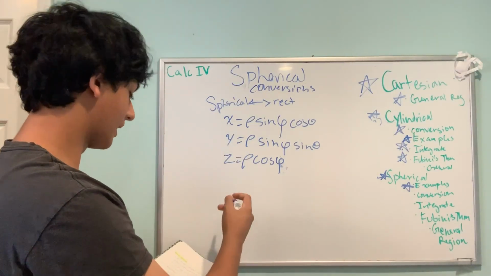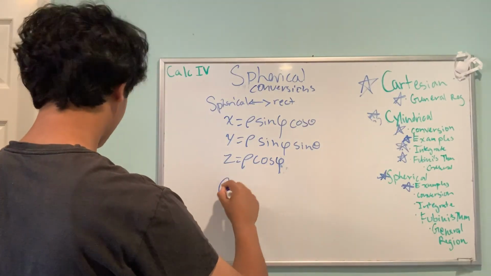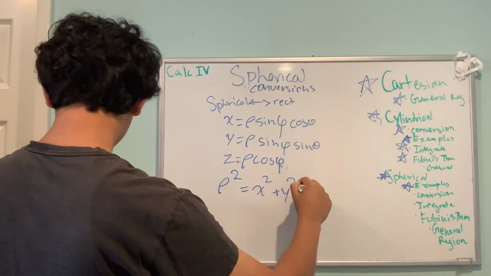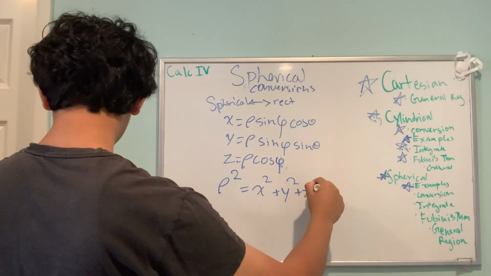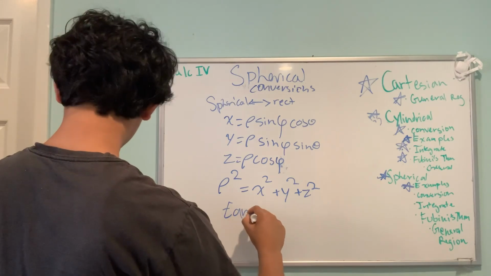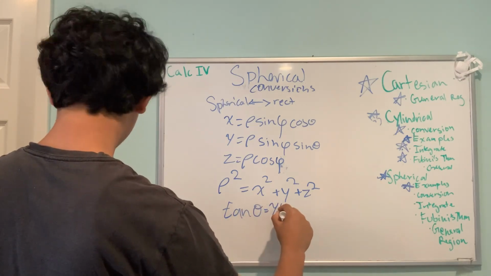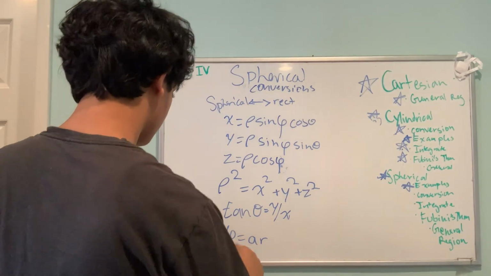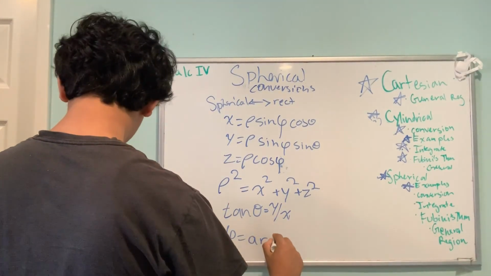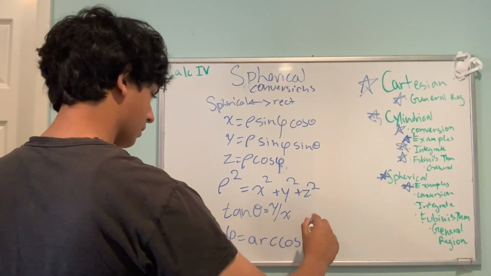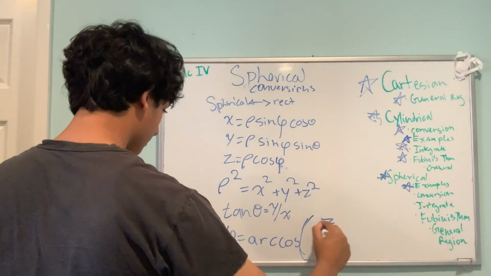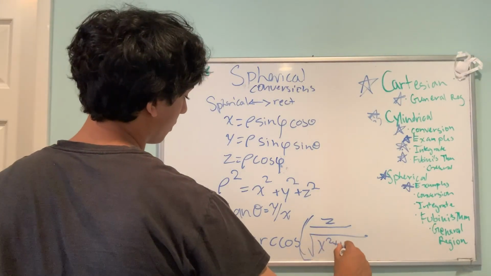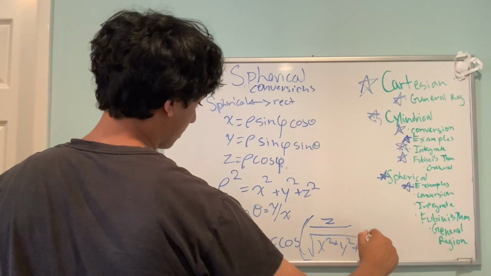Now let's work on rectangular to spherical. This is tangent, arc cosine of z over the square root of x squared plus y squared plus z squared.